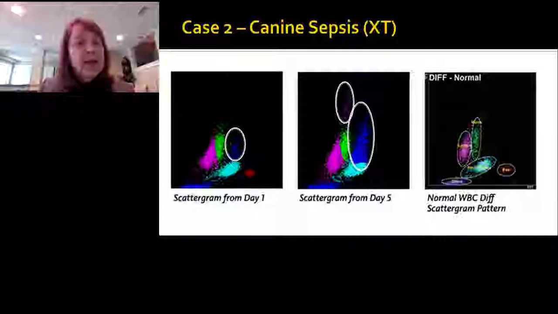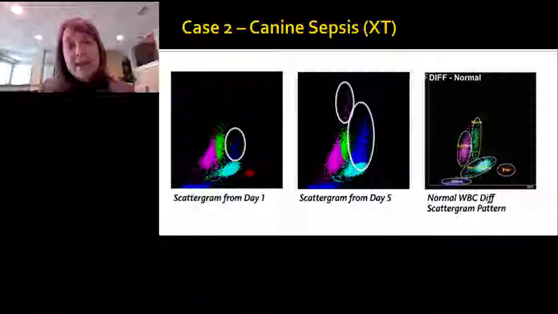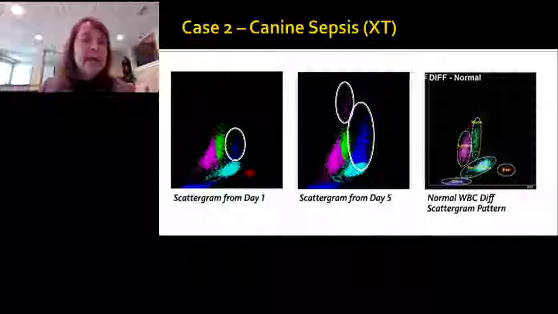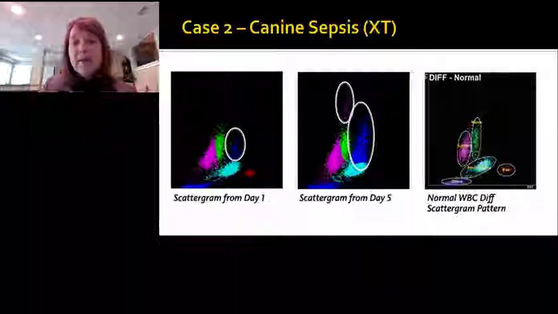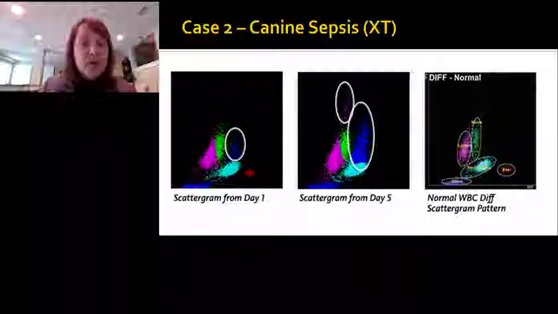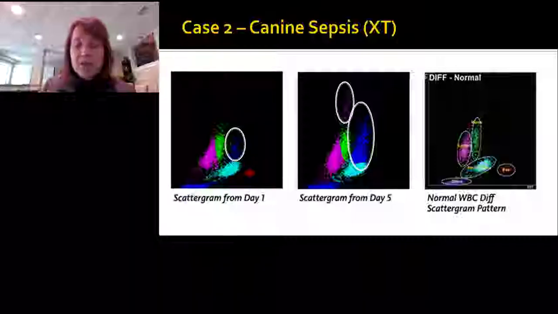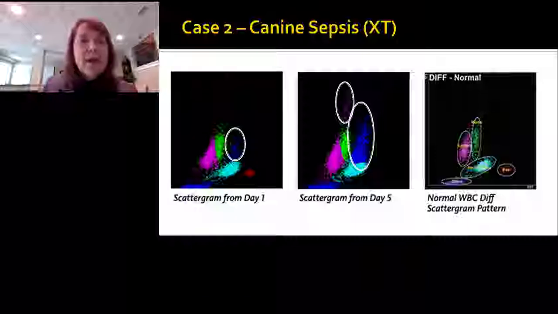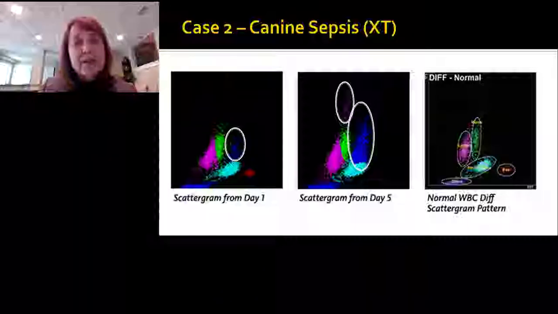As we progress to day 5, even without looking at the values that are obtained, if you have the day 1 scattergram and the day 5 scattergram, you can say this animal is different. And this animal is different in that they have greatly increased their number of immature granulocytes. Beyond that, we actually have a small population that's even higher.